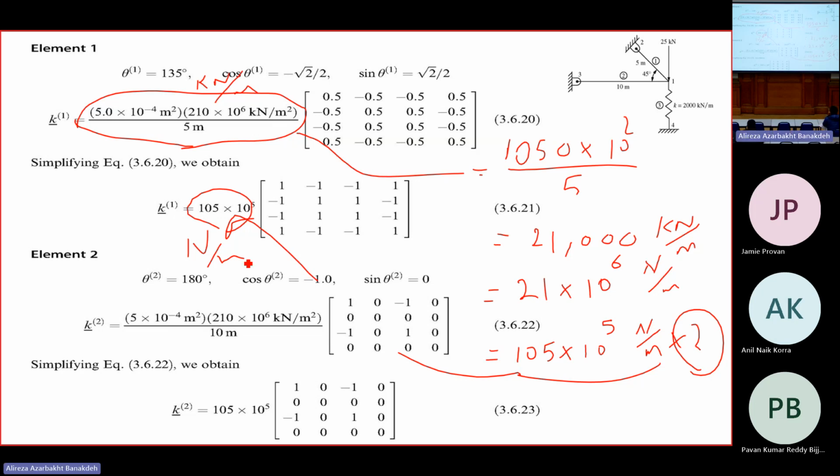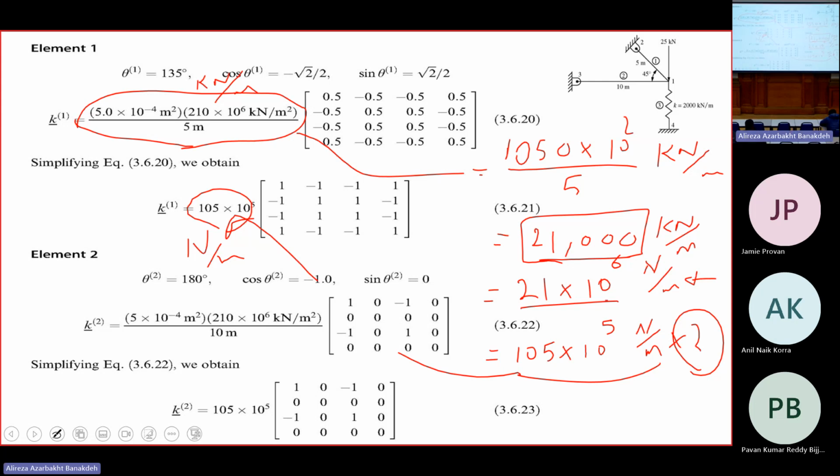No, I just multiplied everything here. This is still kilonewton over meter. This is still kilonewton over meter. I multiplied this one by 1,000 here to transform kilonewton to Newton. And I just said, okay, 2 times 105 is 210, isn't it?